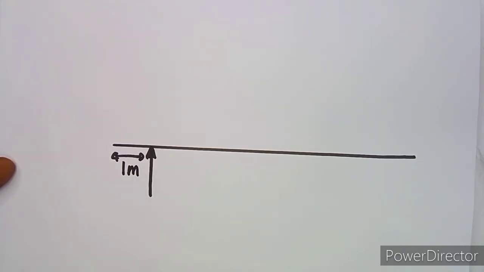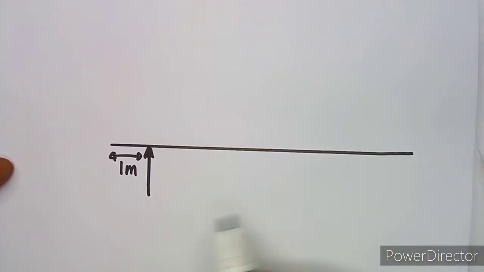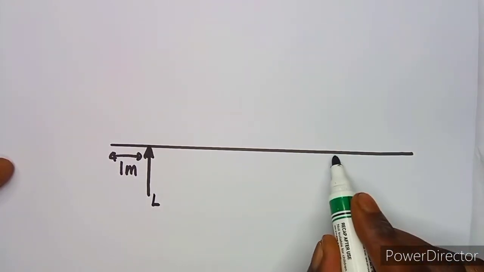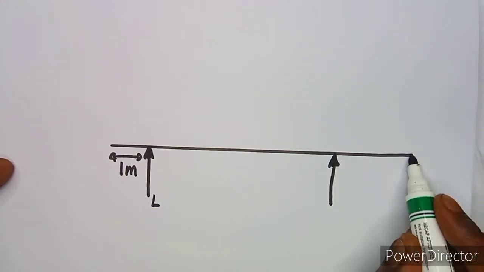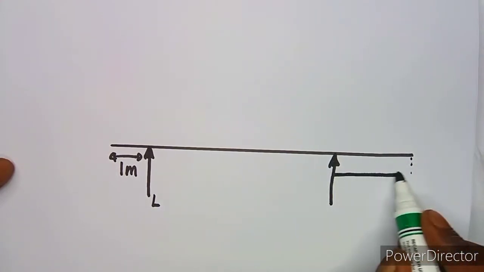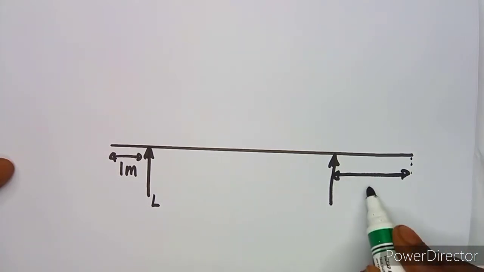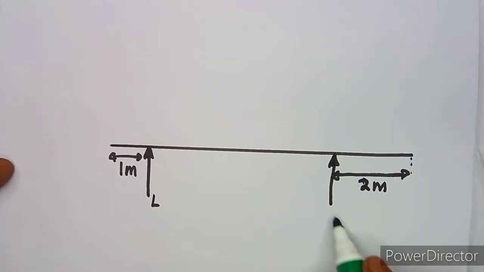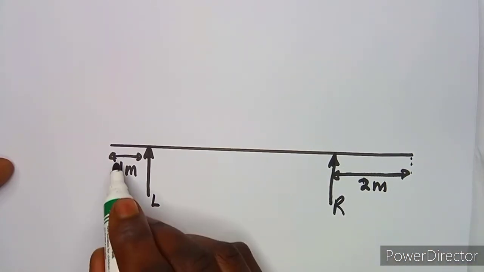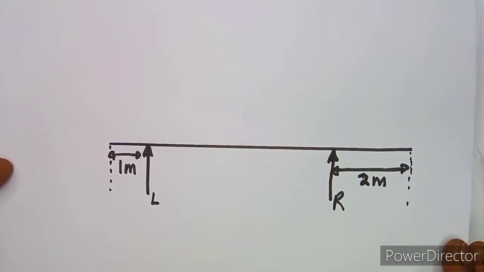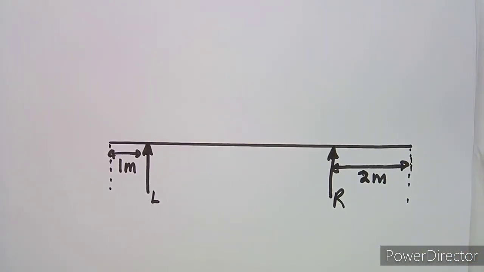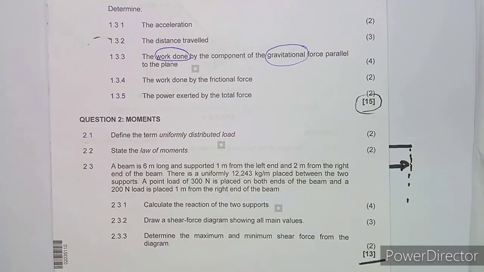And from the right end it is 2 meters, so this is the right end here and we've got 2 meters in between. This is a support, facing upwards like this. We just put the dots there to indicate that there is nothing there, just a distance in between.